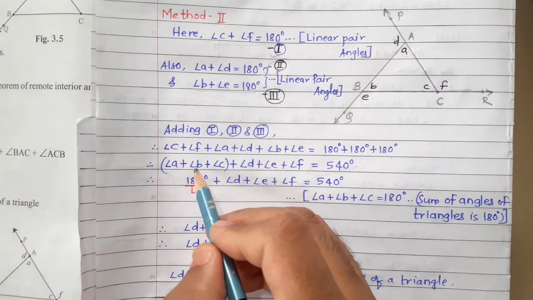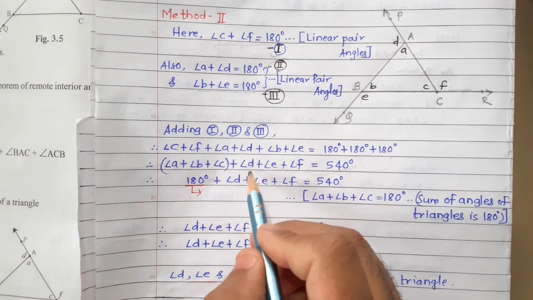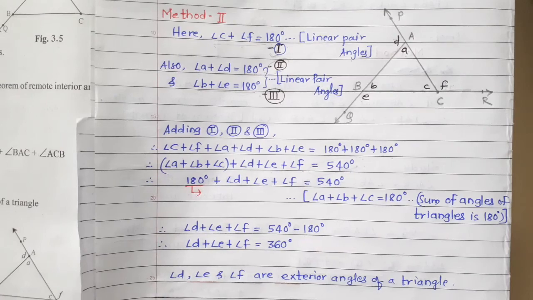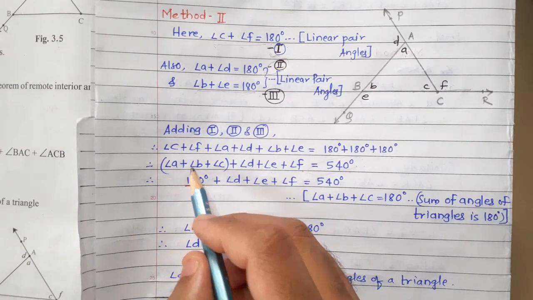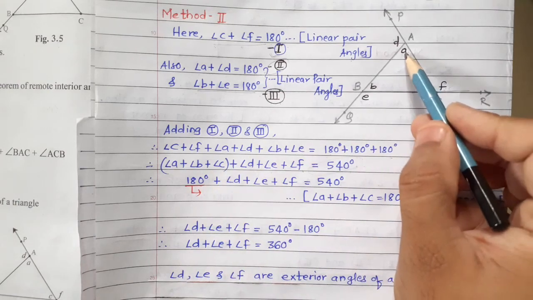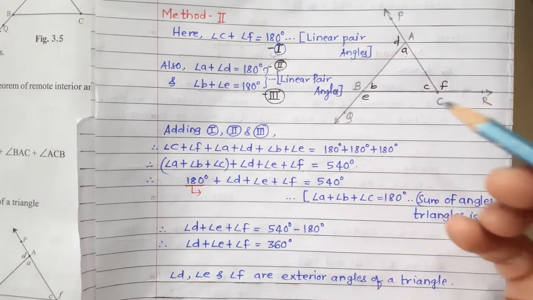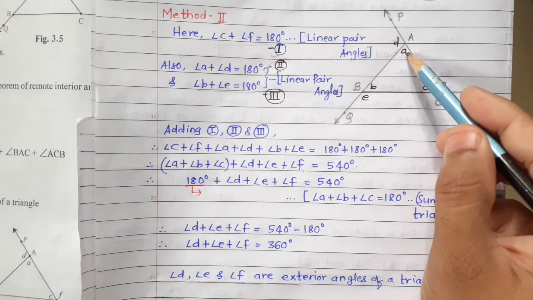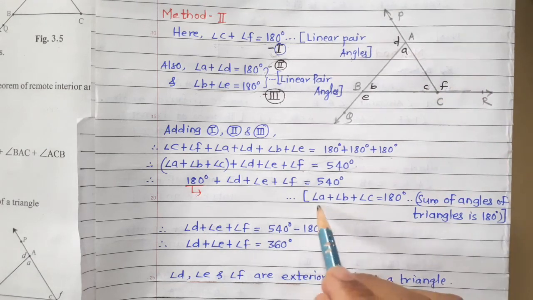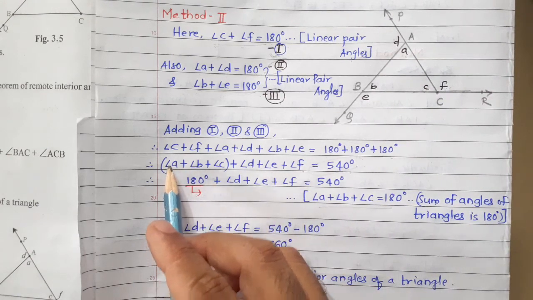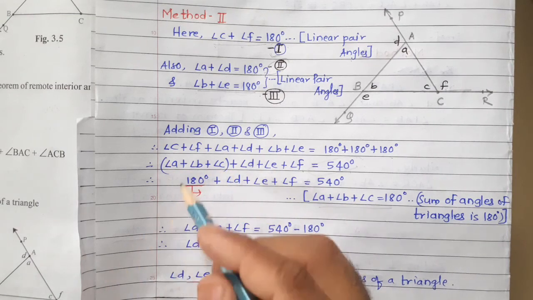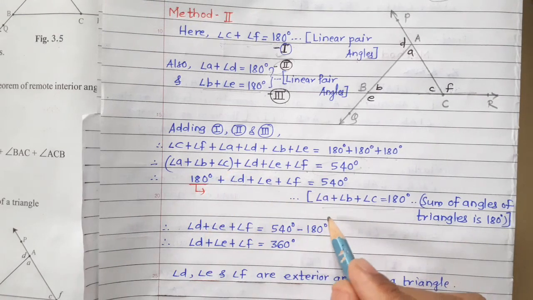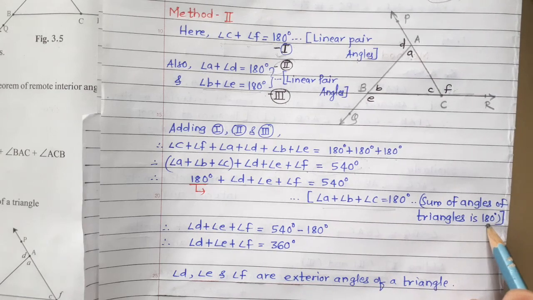So we are writing angle A plus angle B plus angle C plus angle D plus angle E plus angle F. We put angle A plus angle B plus angle C into a bracket because they are interior angles of a triangle, and the sum of angles of a triangle is 180 degrees. So angle A plus angle B plus angle C is equal to 180 degrees, and reason is sum of angles of a triangle is 180 degrees.